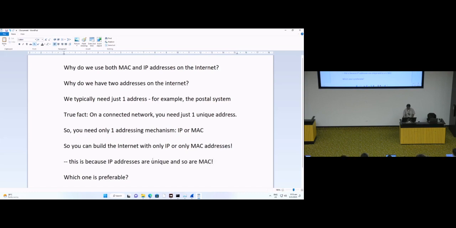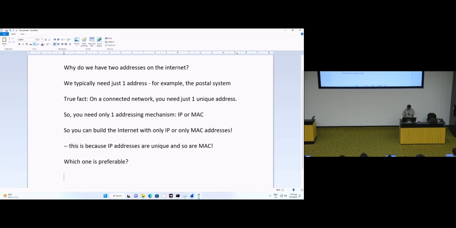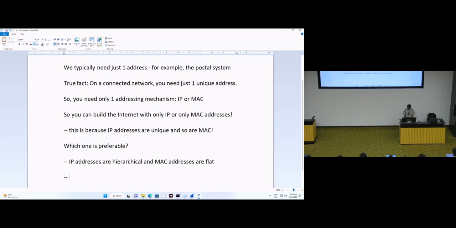You need to realize that IP addresses are hierarchical and MAC addresses are flat. So IP addresses are preferable, meaning if you only have to choose one.